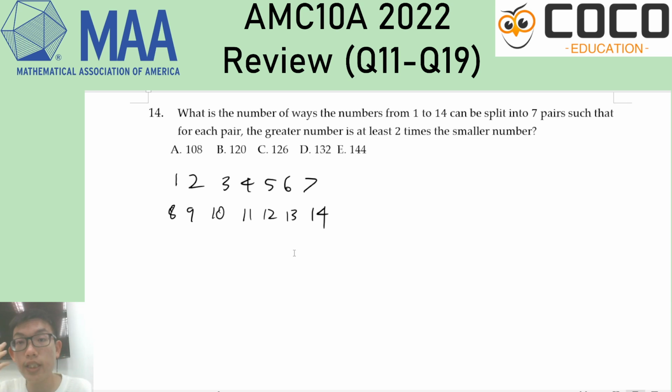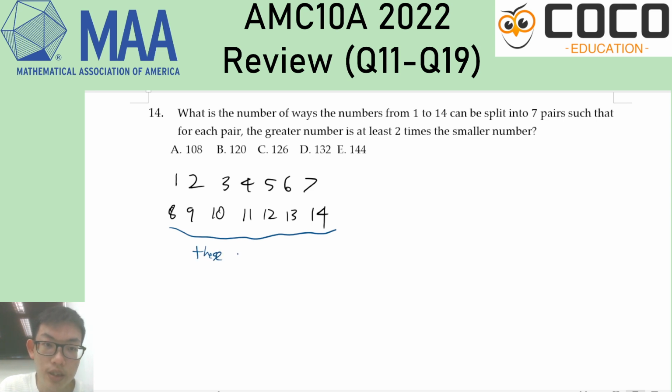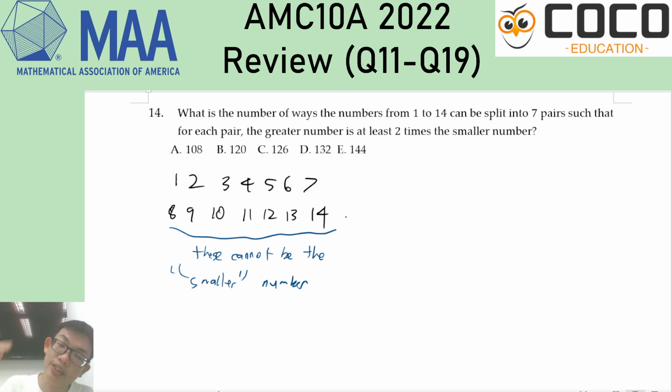Now the first thing that you realize is that none of these can be the smaller number. And so therefore, the pairs actually are going to be one of the bottom numbers paired with one of the top numbers. The ones below are the greater numbers, the ones on top are the smaller numbers.